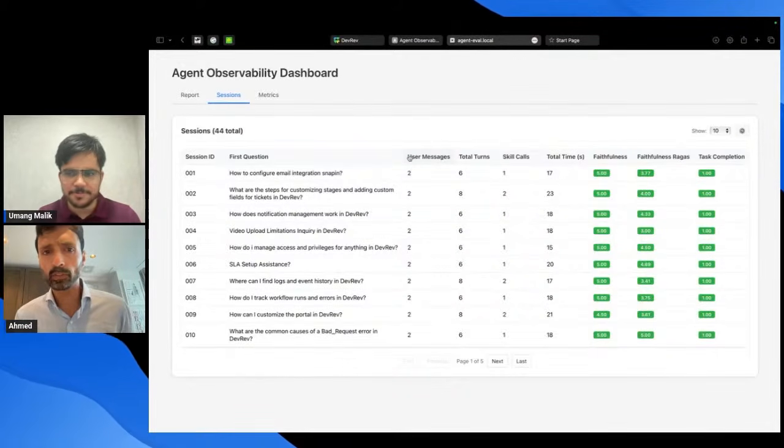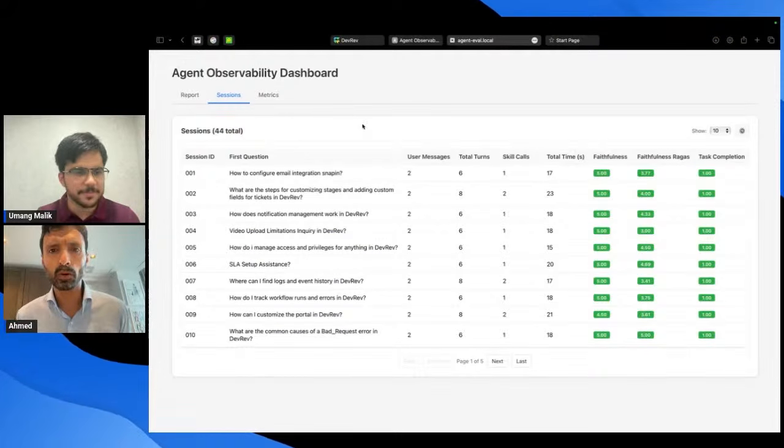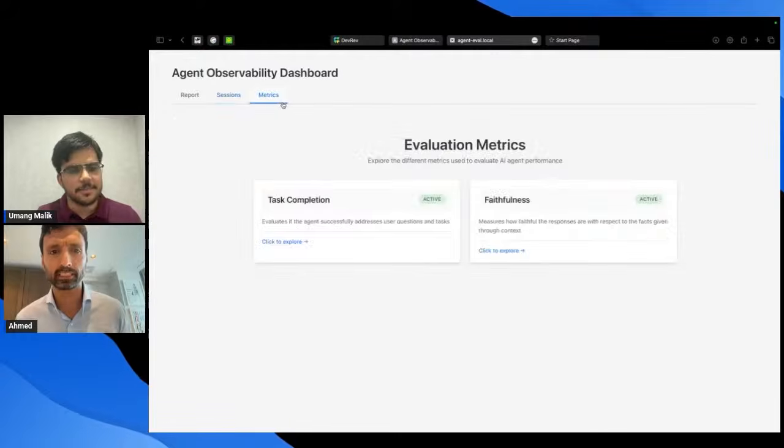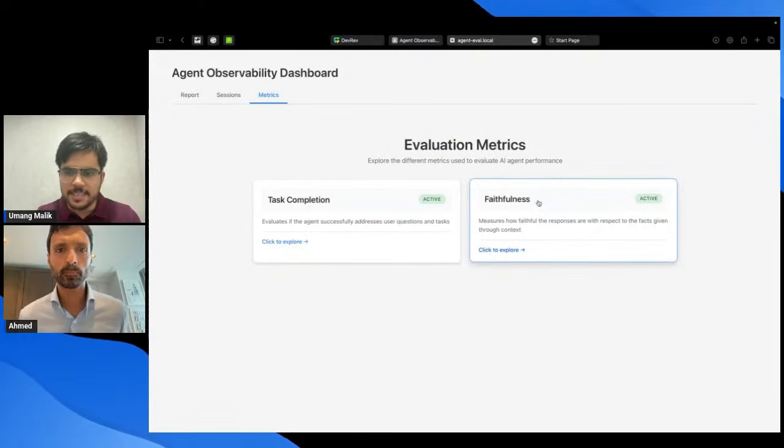Well, I see faithfulness there. It sounds important. Tell me more about that. Is that the same as groundedness, and does it protect against hallucinations? Yes.